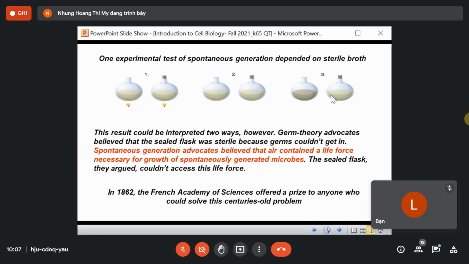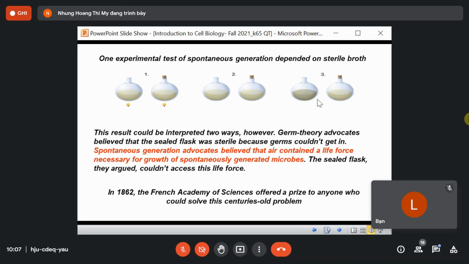Because of that, this experiment failed. That is the way the spontaneous generation theorists talked about the experiment, and they still disagreed with the result, and the two theories kept arguing for quite a long time.